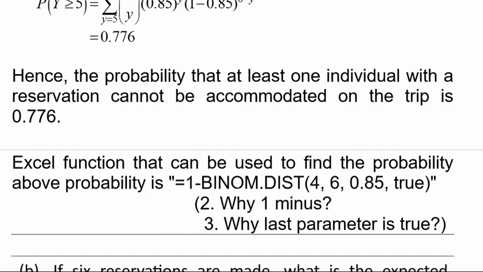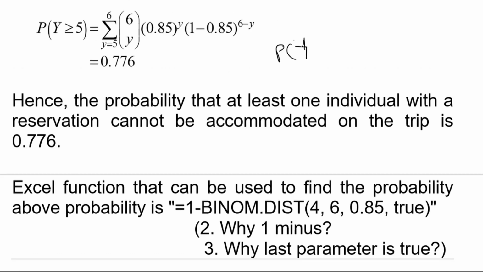Here the first question arises: why do we do 1 minus? The reason is that the binomial distribution function gives us the probability that Y is less than or equal to 4. But here we need to find the probability that Y is greater than or equal to 5.